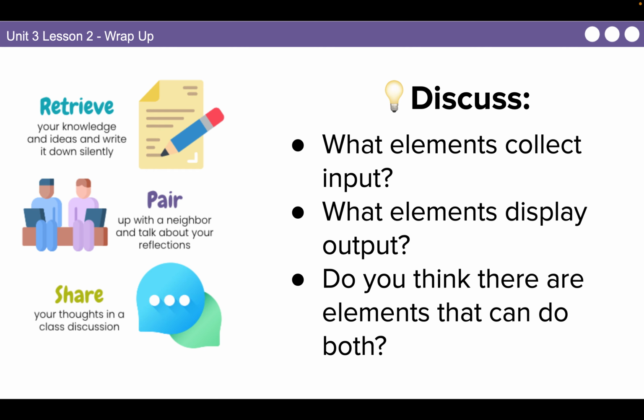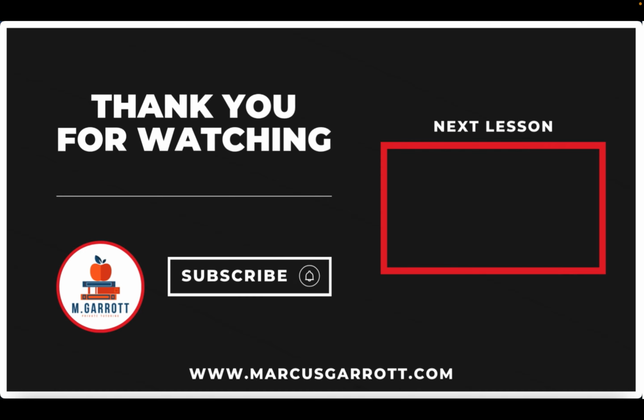The user can give input by clicking on the button, and then it can give us some output information, maybe about like when you click on it, the image that shows up on the button changes to something else, for example. So there are things that can do both, and we'll see all of this as we continue in this unit. That's all for this lesson, and I'll see you back here for the next lesson.